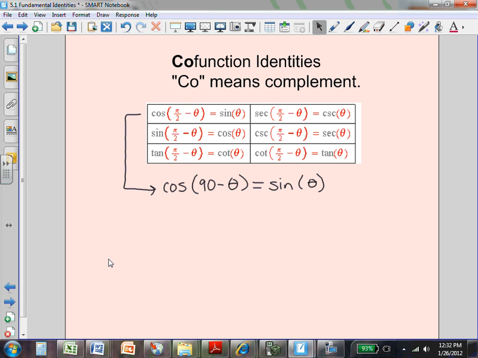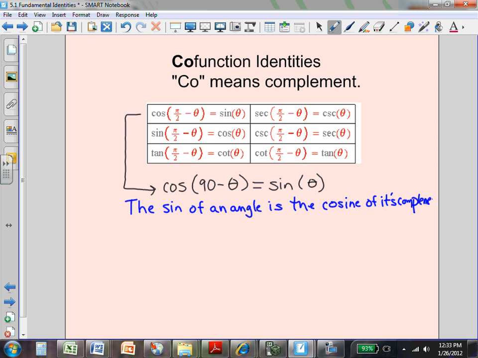So in words, the sine of an angle is the cosine of its complement. Likewise, the second part right here says just the opposite. The cosine of an angle is the same as the sine of its complement.